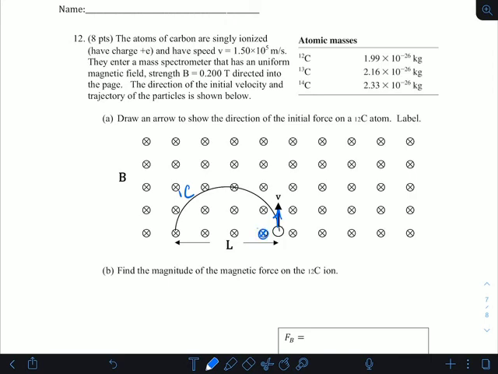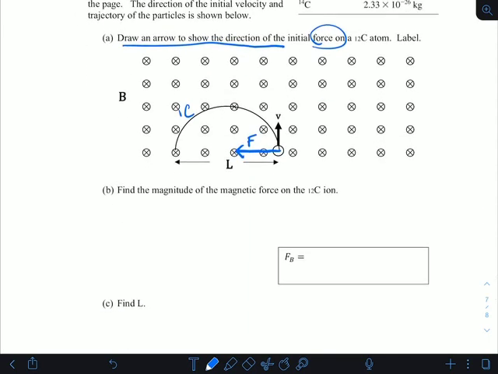is to the left. So the first question asked to draw an arrow to show the direction of the initial force. The initial force is at this moment, and it's going to be in that direction. Now find the magnitude of the magnetic force on the carbon 12 atom. To do that, we want to use our force equation, which is F is equal to qvB.